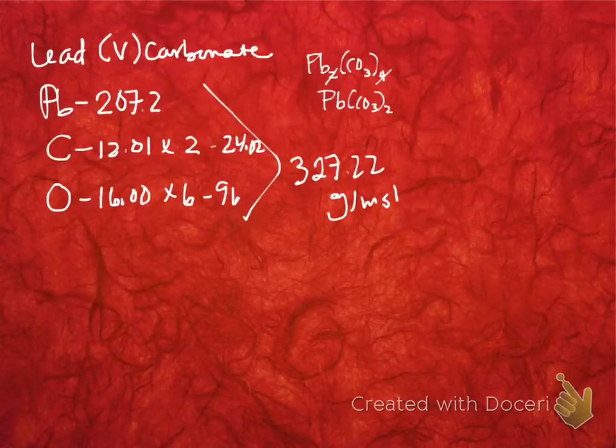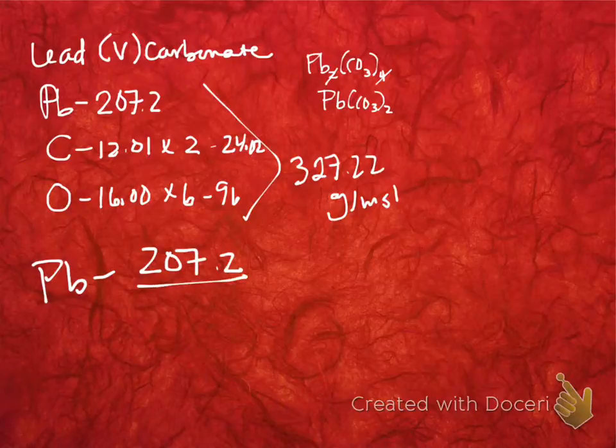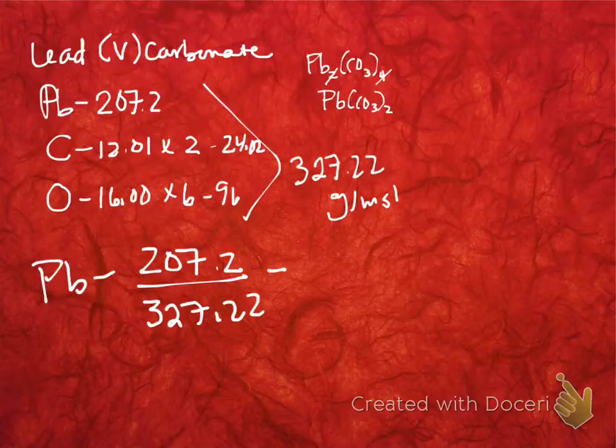So once you've figured that part out, you're just about home free because you're all pretty good at doing percentages. You've been doing them on your tests since day one. The minute you get a test back, you immediately start doing that. So for lead, we have 207.2 divided by 327.22. After we divide it, we multiply it by 100.